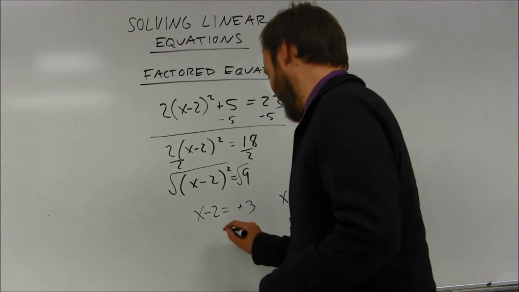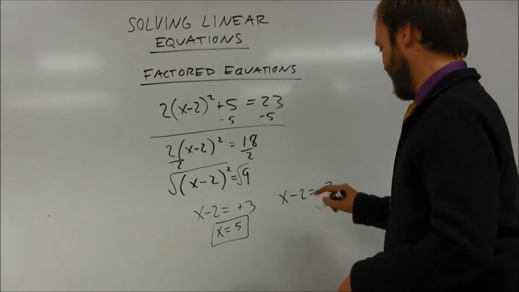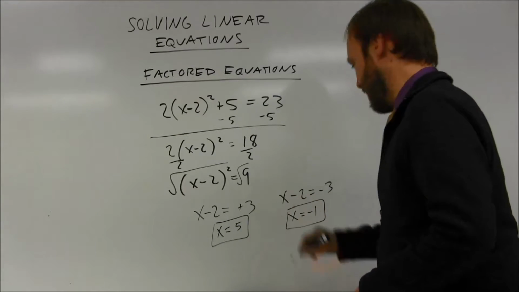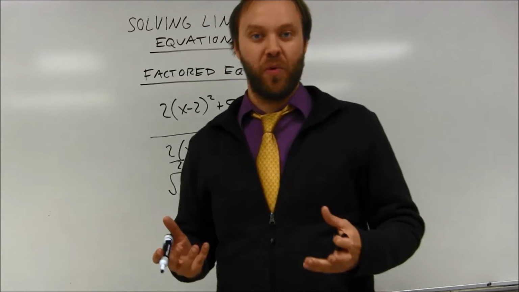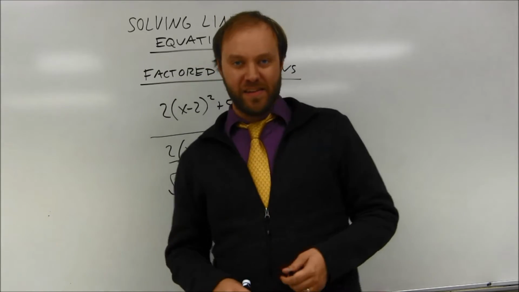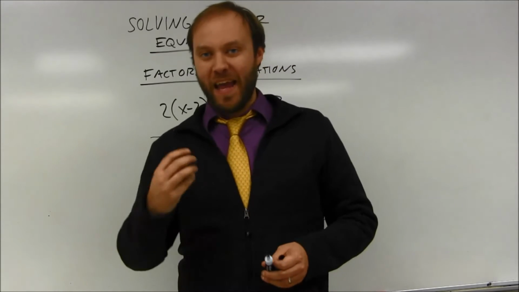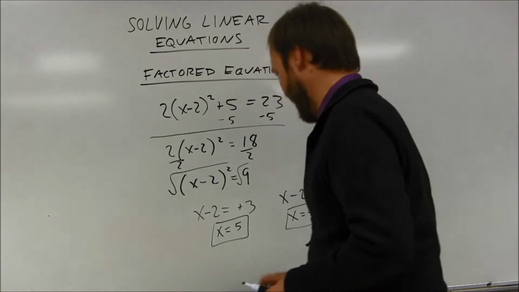Add 2 to both sides here, you find that x is equal to 5. And if you add 2 to both sides here, you find that x is equal to negative 1. Those are your 2 solutions. It saves you the trouble of having to go through the quadratic formula or factoring. So be on the lookout for that. A factored form is a really good thing, but you have to keep in mind, if it's a quadratic, you might have 2 answers.